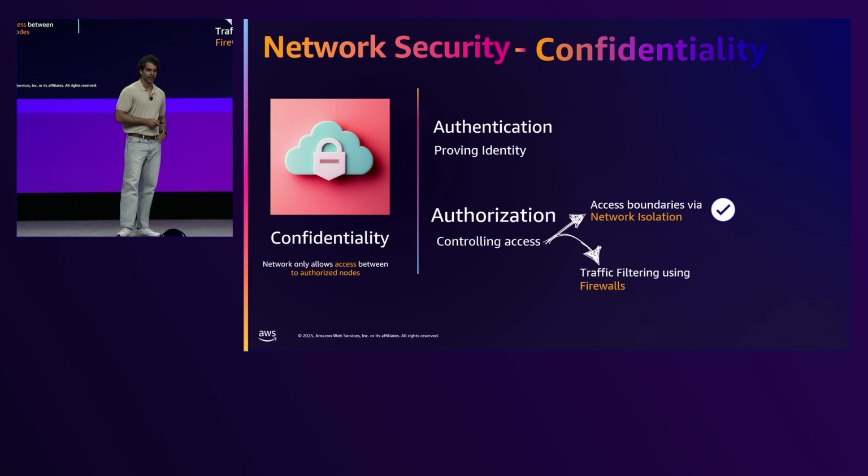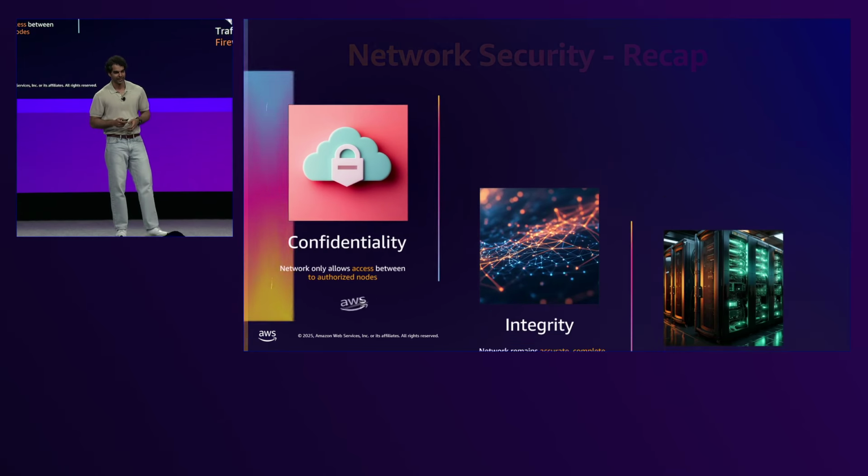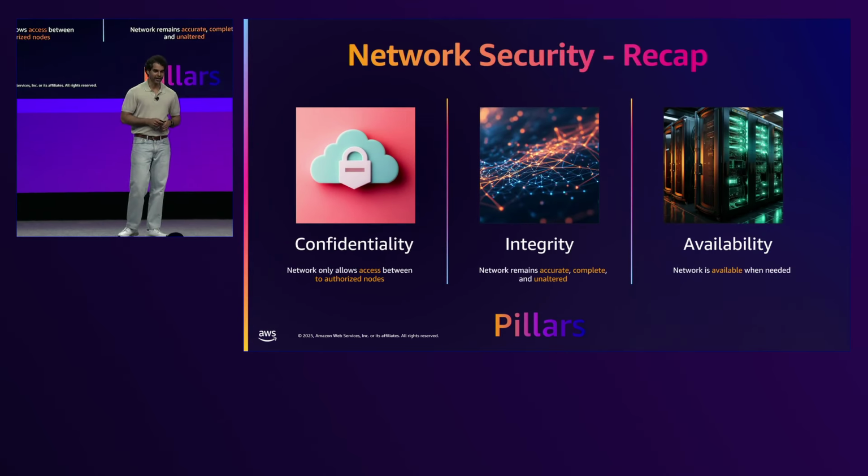All right, so in the grand scheme of things, we were talking about confidentiality, and this sort of wraps up the traffic filtering using firewall section. This brings us to the end of our session. Just to recap, we started talking about the AWS network security pillars, which were mapped to the CIA triad: confidentiality, integrity, availability.